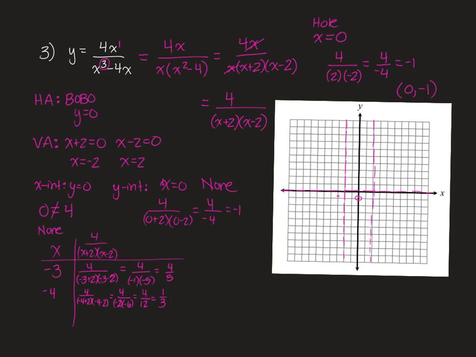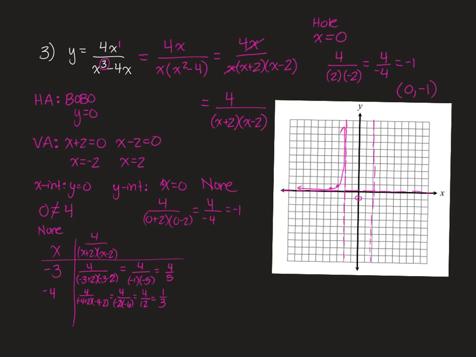Sorry, that's a positive 4/5, not a negative. So positive 4/5 at negative 3. We are right there. At negative 4, we are at positive 1/3, so we're about right there. So you can kind of see the shape of the graph. It's going to look like that.